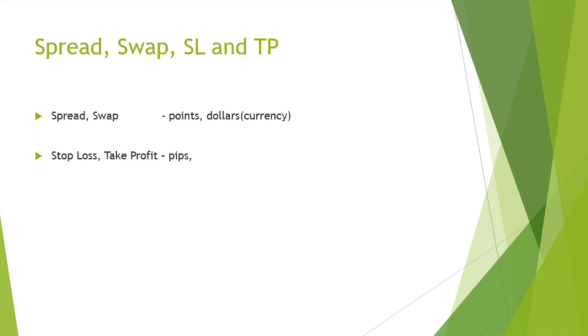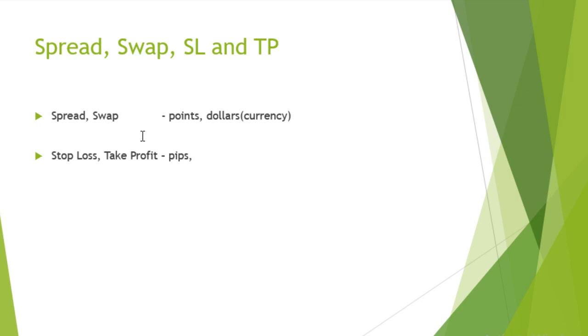And the next question is about the spread, the swap, the stop loss and the take profit. Normally the spread and the swap are in points or in dollars or any other currency. For example, you can see some of the brokers for crypto providing a negative swap of $25 and there are no points to calculate there, or you can see it in points, but the spread nowadays is mostly in points.